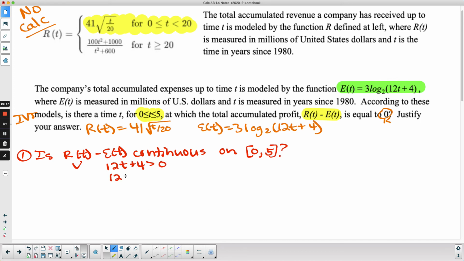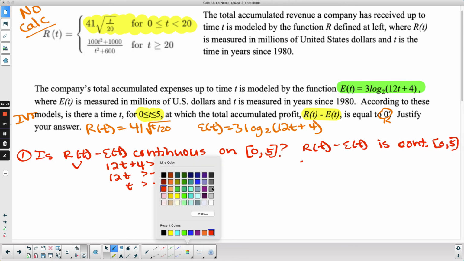So we solve for that. 12t is greater than negative 4, so t has to be greater than negative 1/3 in order for this to be continuous. Well, 0 to 5, those values are all greater than negative 1/3. So check, E of t is going to be continuous. So R of t minus E of t is continuous on 0 to 5. All right, first question answered.